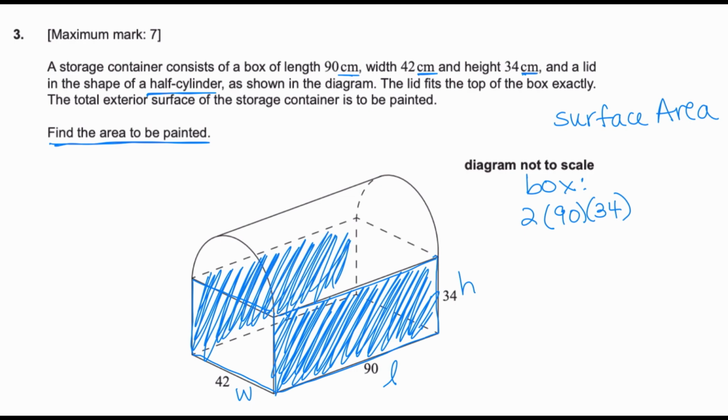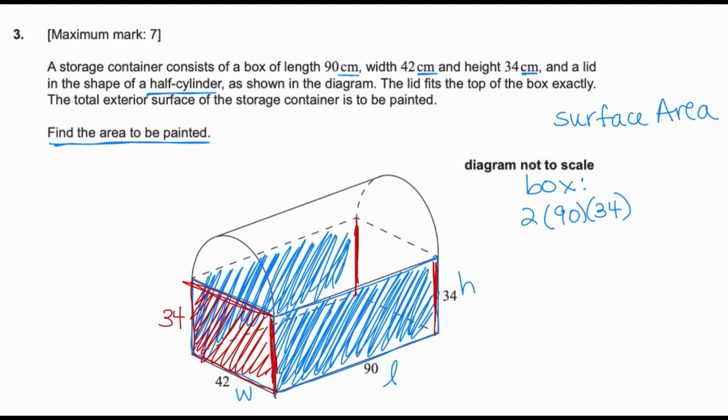Now I'm going to work with the front and back. So here, this rectangle is going to measure 42 by 34, because remember the height is 34. So even though we don't see it all around, we know that the height is 34. Every single one of these is going to be 34, and in the back is also 34.